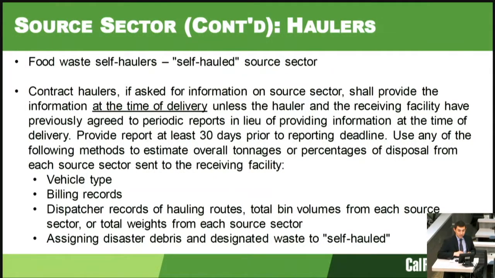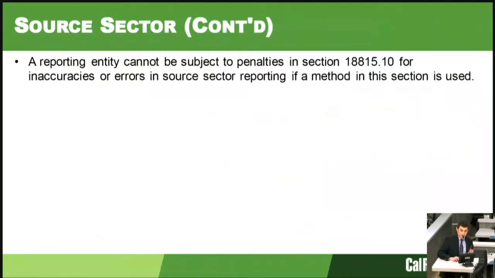And the hauler can use any of these methods to estimate the source sector. So again, the vehicle type, the billing records, dispatcher records of hauling routes, bin volumes, weights from each source sector, assigning the disaster and designated waste to self-haul.